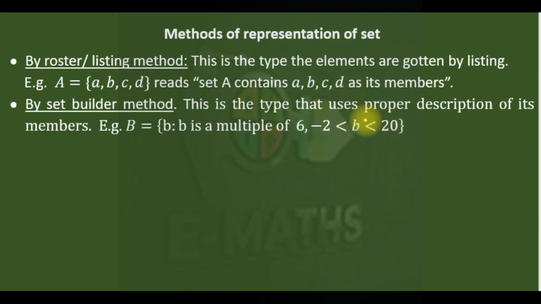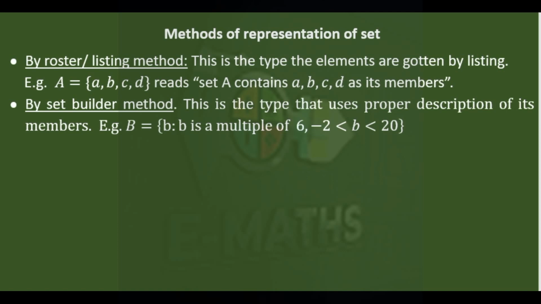Do you get? So that's another way of writing set. Whenever you have a multiple of 6 between -2 and 20, that's another way of writing set. It's called set builder method, or you list. So we're done with method of representing set.